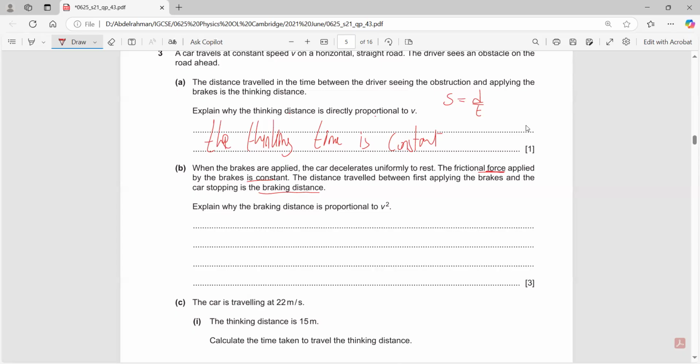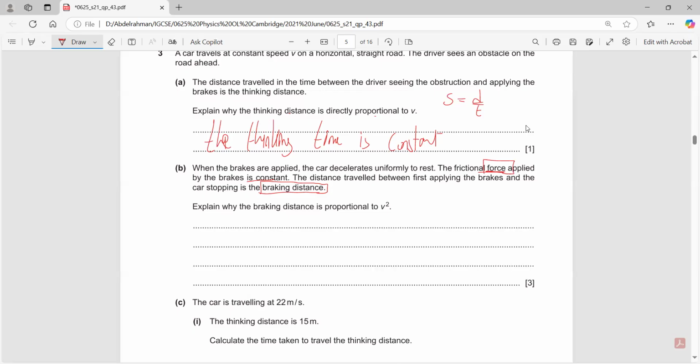It's being converted mostly to thermal energy due to the braking, friction and whatnot. And you have a force being applied and a distance being moved. The car moves a distance which is called the braking distance, and there is a force being applied.